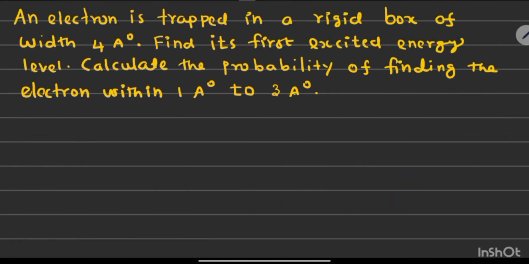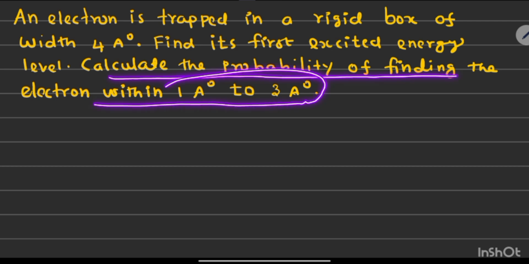Here is the second problem. An electron is trapped in a rigid box of width 4 Angstrom. Find its first excited energy level and calculate the probability of finding the electron within 1 Angstrom to 3 Angstrom.